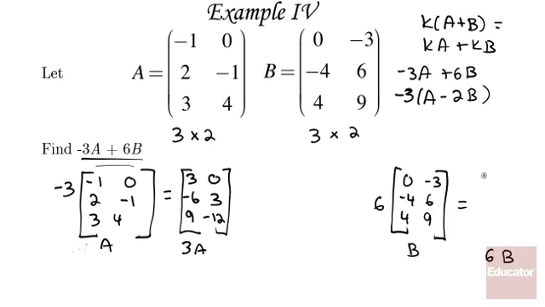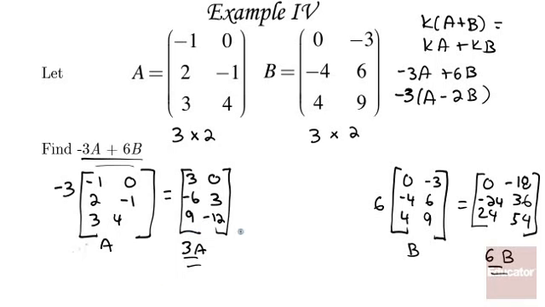So figuring this out, it's 6 times 0 is 0. 6 times negative 3 is negative 18. 6 times negative 4, negative 24. 6 times 6, 36. 6 times 4, 24. And 6 times 9, that's 54. All right, so here I have negative 3A. Here I have 6B. Now I need to add those.